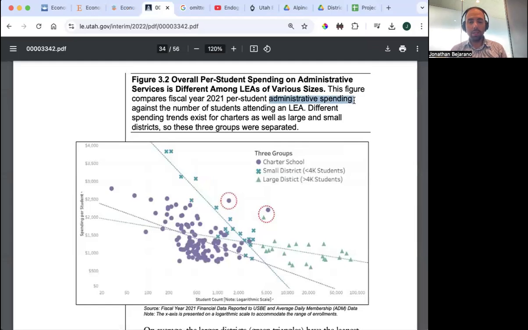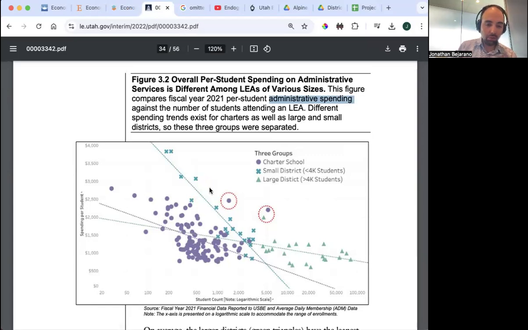If you're trying to isolate administrative spending, you're missing out on all the expenses, the cost centers in instructors, right? How much is it going to cost to fill those classrooms with teachers? If we're looking at administrative spending, it's just district level admin, maybe school level admin, the principal. But the economies of scale, I believe, are concentrated inside of the teachers and inside of the schools and the other staff besides administration.